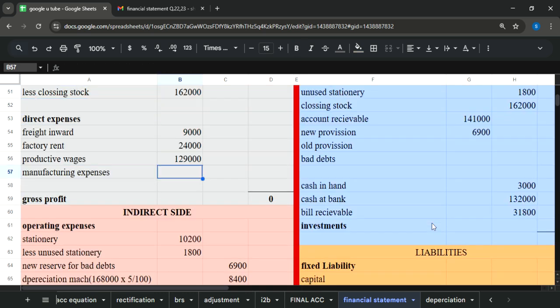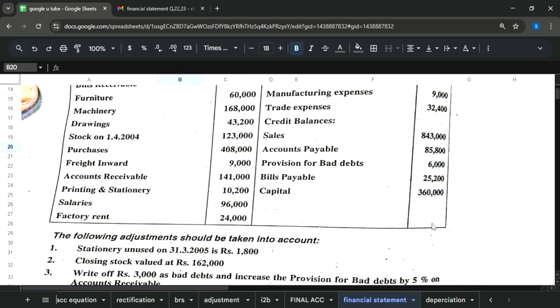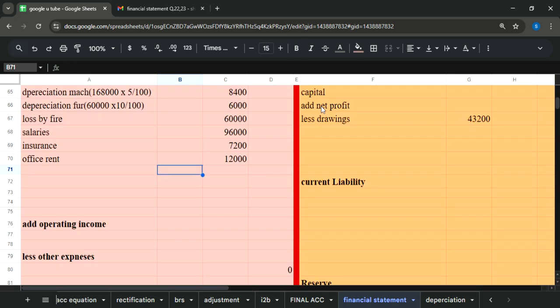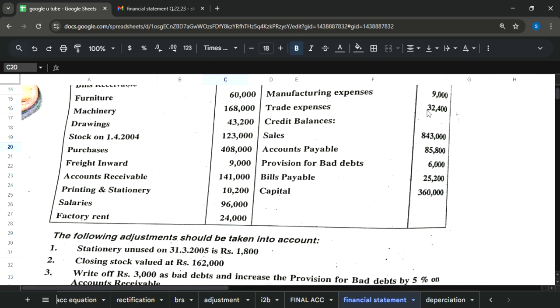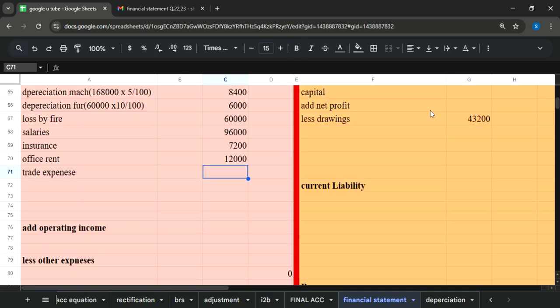Alright guys, after manufacturing expenses we have trade expense, which is our operating expenses. Okay, so amount of trade expense 32,400. You will be writing over here.